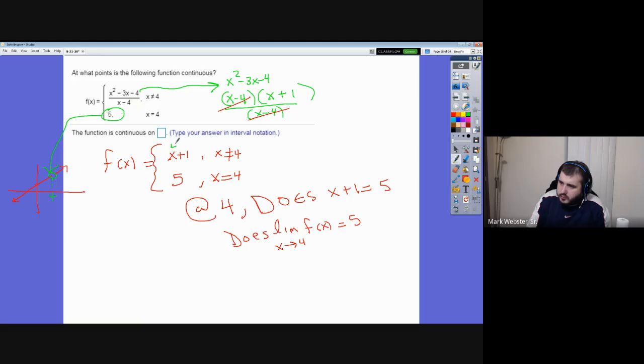So what's 4 plus 1? Hey. So this point is going to just sit right there. It'll sit right there, and so it's going to plug up our hole. And now there's no discontinuity anymore. So the function here is continuous from negative infinity to positive infinity.